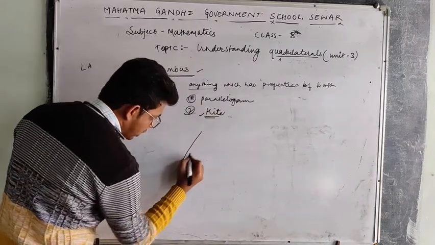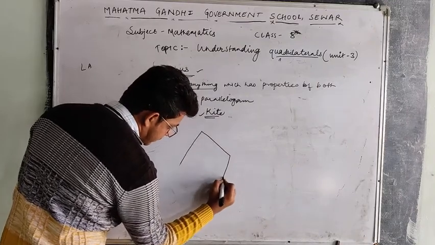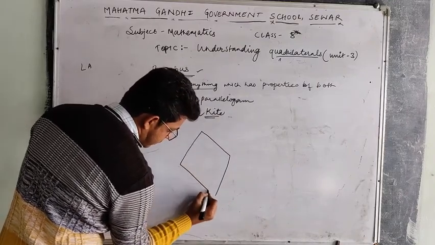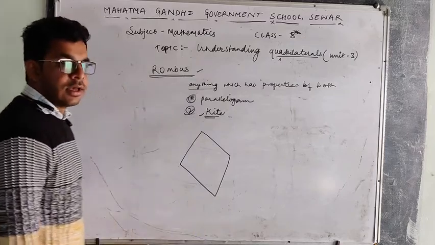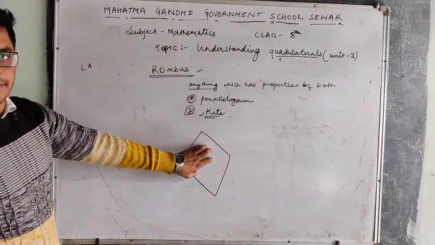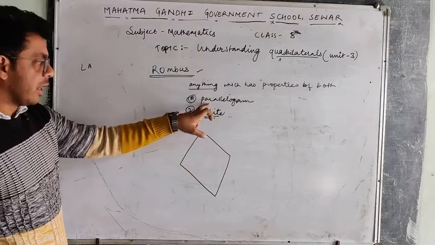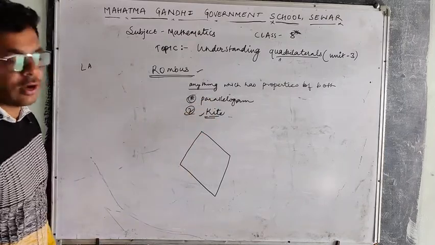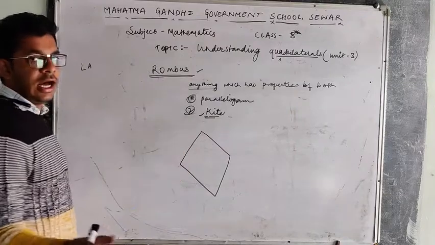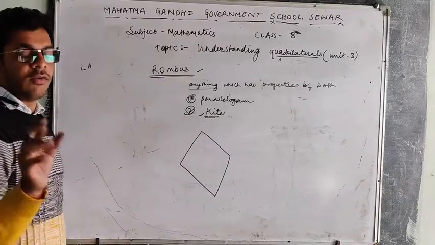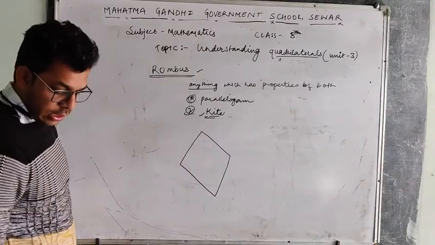If I draw a structure like this, it looks like a kite, but it has the properties of a parallelogram. What are the properties of a parallelogram? Opposite sides are equal. A pair of opposite sides are equal.